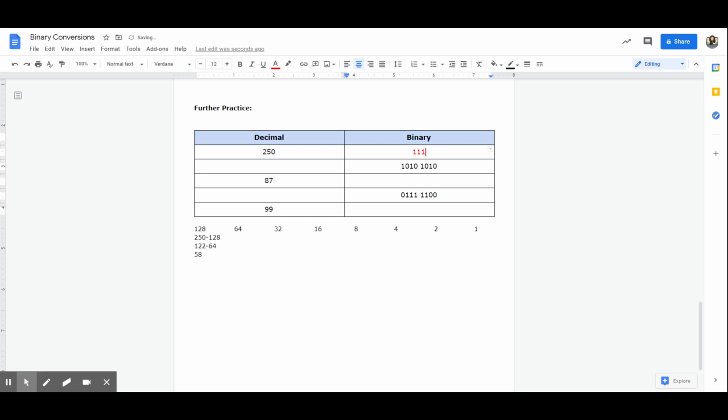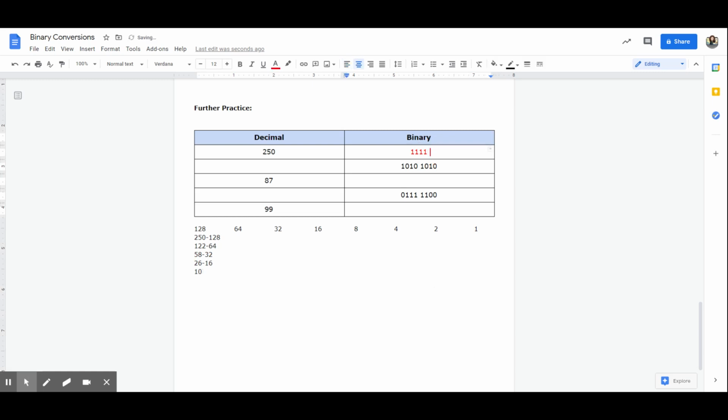So we add another number in the 32 column and take 58 and subtract 32. So now we have 26 left. Will all of 16 go into 26? The answer is yes. So 26 minus 16 gives us a remainder of 10.